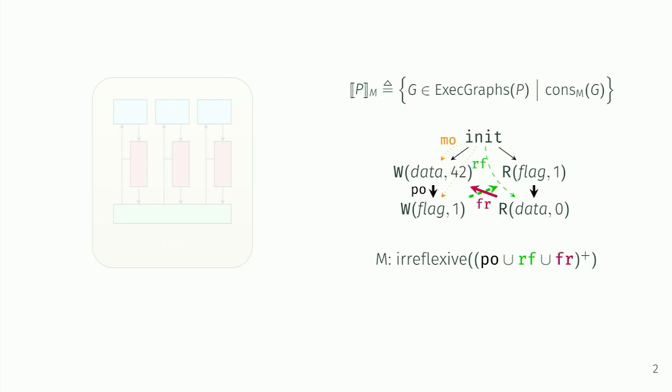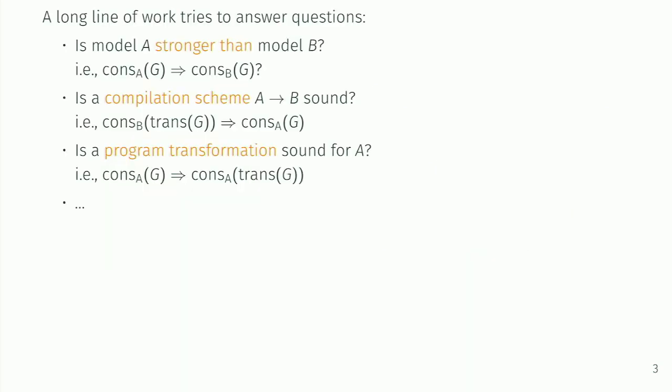Now, in the past few years, there has been a long line of work that tries to answer questions on memory models. Questions like, is a model A stronger than a model B? So if I have a graph G that's consistent under A, does this imply consistency of the same graph under B? Is a compilation scheme from A to B sound, or is a program transformation sound for a model A?